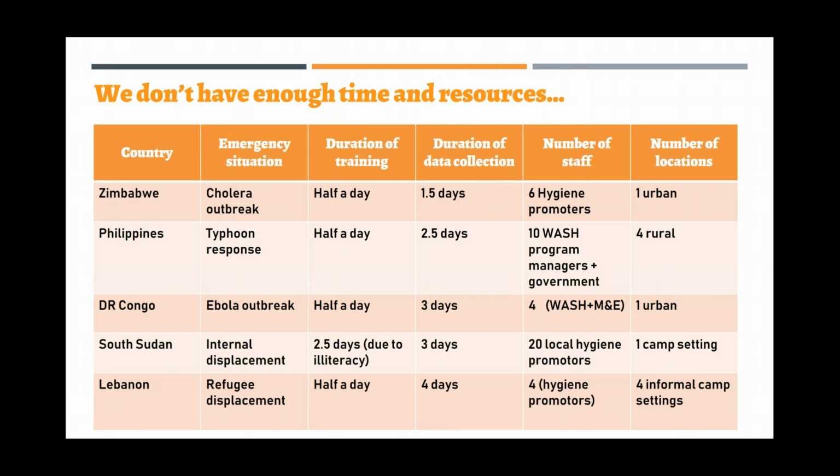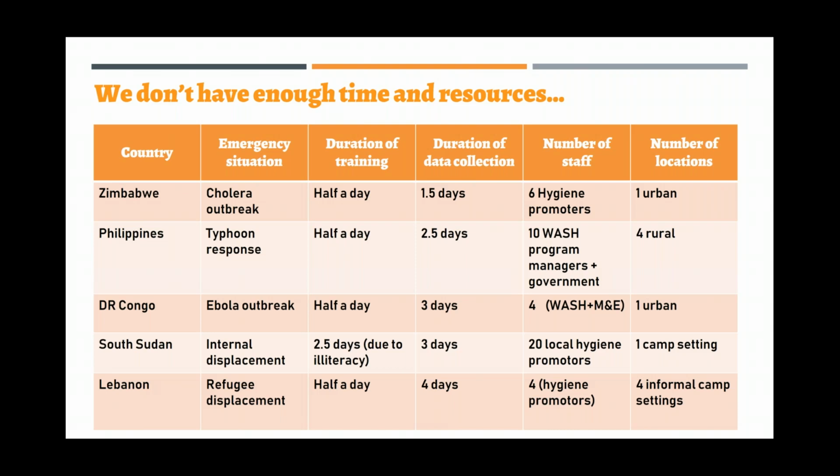So if you think that you're too busy to try the WashM tools, I encourage you to have a look at this table, which shows examples from where we've tried the WashM tools in other countries. You can see that on average across all of these different contexts, it took people about half a day to do the training.